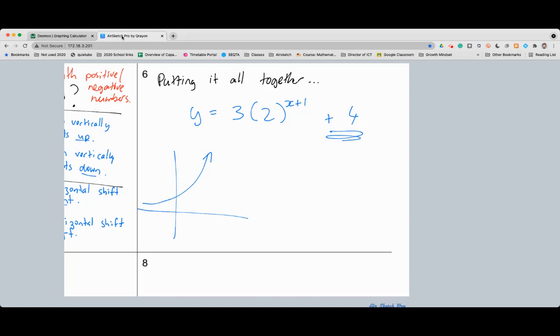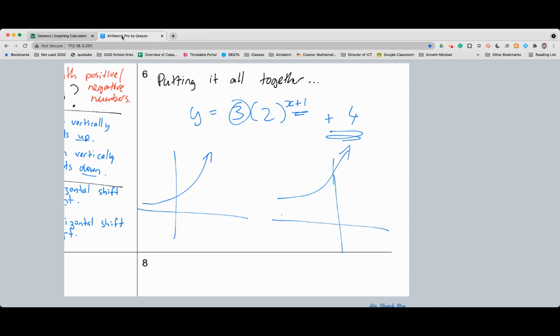It's gone left 1 unit. And so it's going to be like this instead. Then I can also talk about the fact that it hasn't reflected at all. It's also got a dilation of 3.